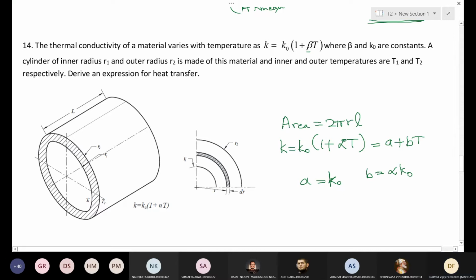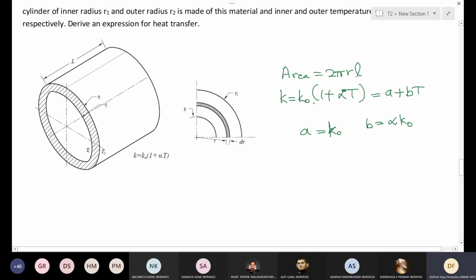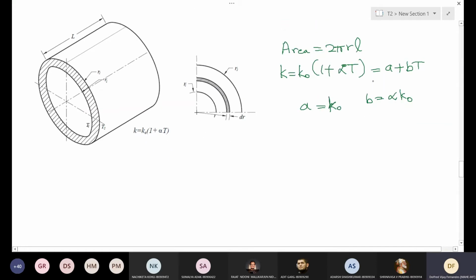Then it is safe. If you want A plus BT, I can use. So this we already did, right? K equal to K0 into 1 plus beta T we have done. So let me use K equal to A plus BT.